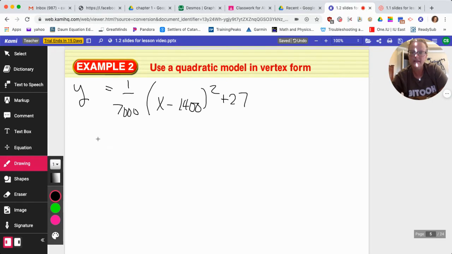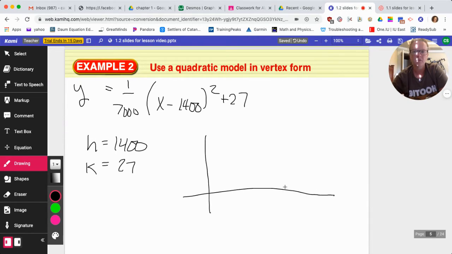So our vertex is actually, h is going to be 1,400, k is going to be 27. So that's our vertex. If we looked at that bridge, we are over and up 27.